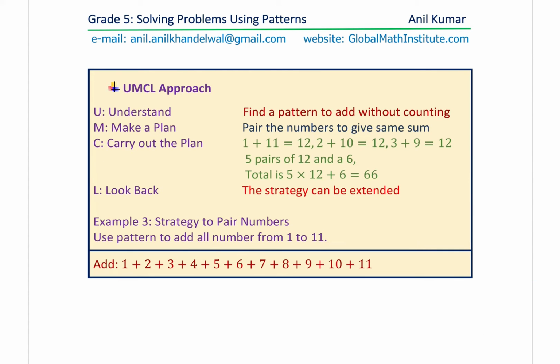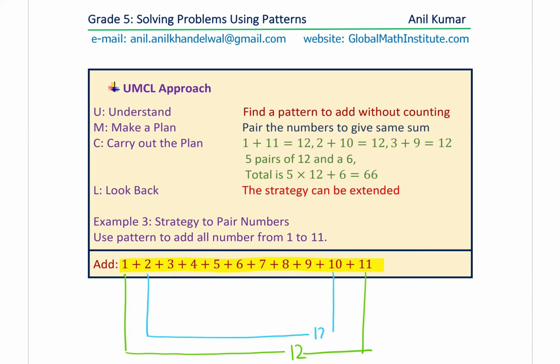So what I'm trying to say here is, let me say I want to now add the numbers 1 to 11. Then what will happen? Let's see this part first. If I add 1 and 11, what do I get? I get 12. Now if I pair the next numbers, 2 and 10, I get 12 again.